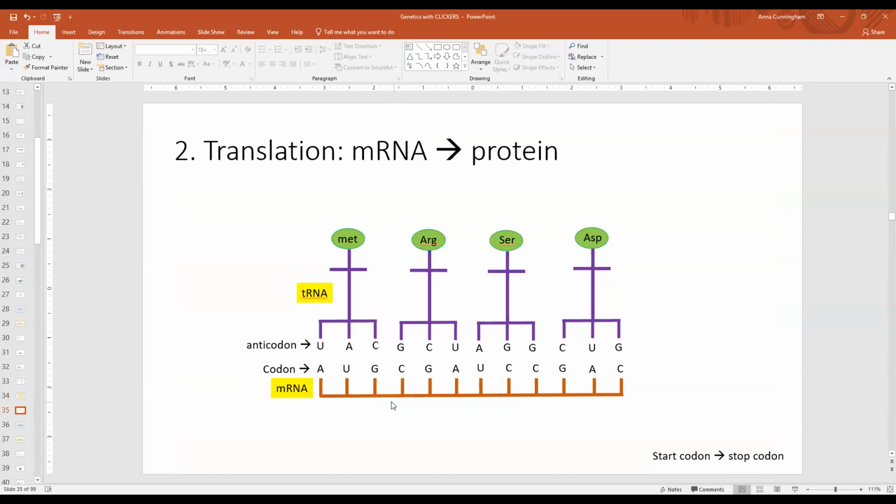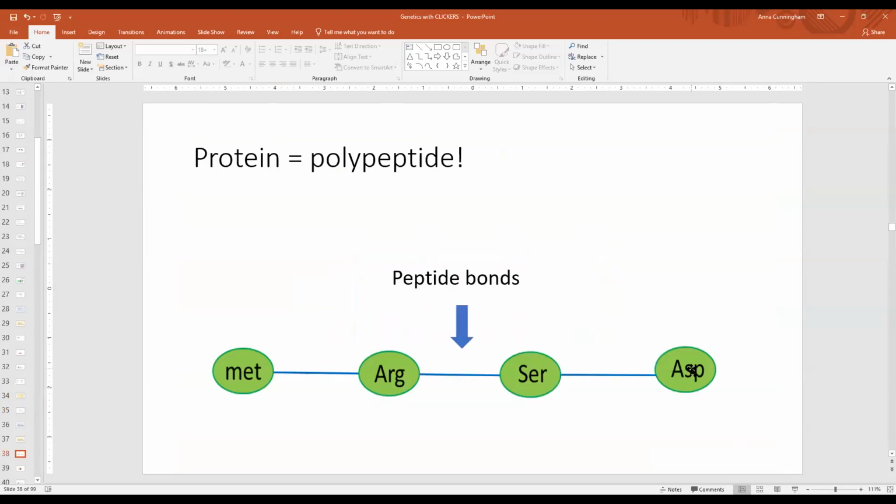Okay, so we're looking at our mRNA, and our goal, as a reminder, is to create a protein. So this is our primary protein structure. We have amino acids, and importantly, I just want to point out that these amino acids in proteins are linked by a special type of bond called a peptide bond.